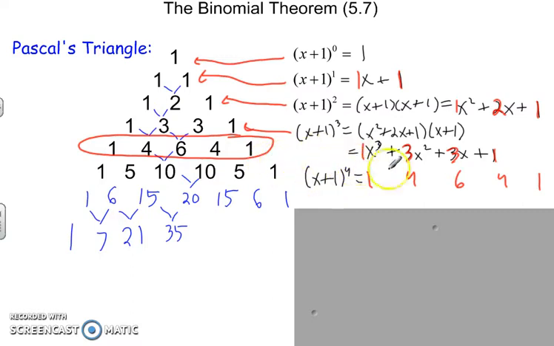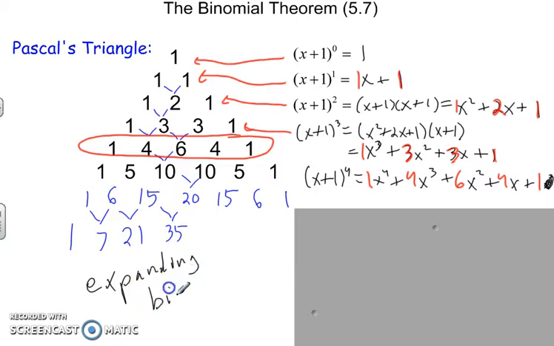And it's going to be x to the fourth power to start with, x to the third power here, x squared here, x here. I could write x to the 0 here if you want. This is going to be plus and plus and plus and plus. Of course, x to 0 is really 1, so I don't really have to write that. And that's my expanded x plus 1 to the fourth. So we are expanding binomials.